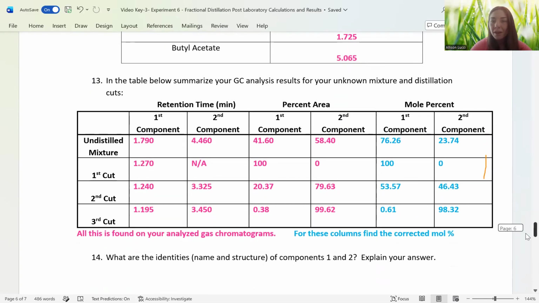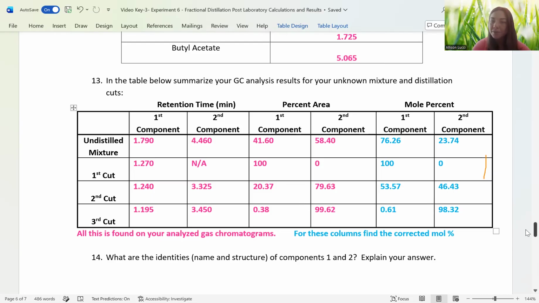I tried to organize your table, where you would find this information. Anything in pink here, you're going to find from the analyzed chromatograms. And then anything in blue over here, I will show you in the last video how to calculate our mole percents generated from the percent areas that are shown in pink here, that will be pulled from those chromatograms.